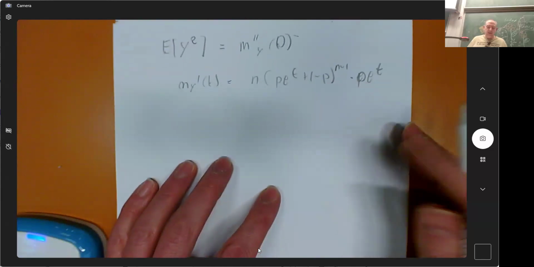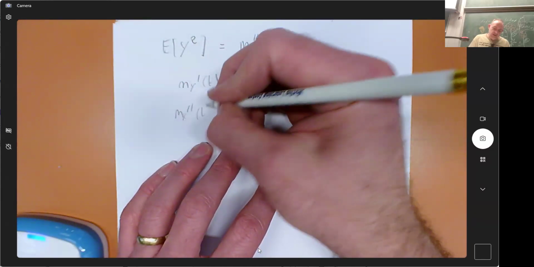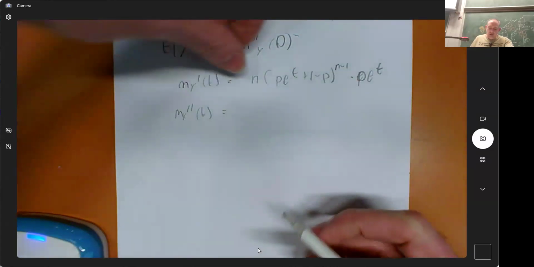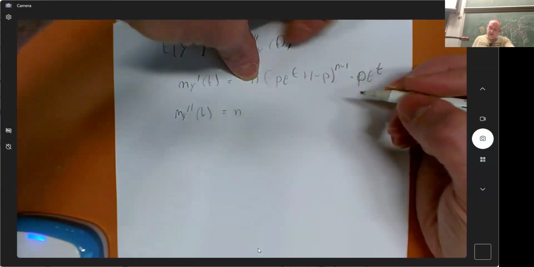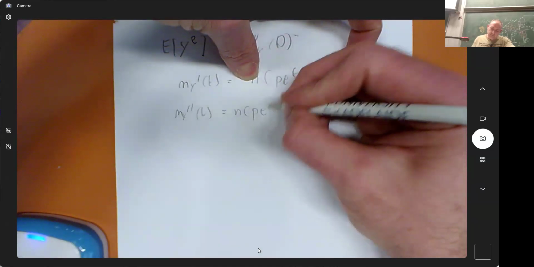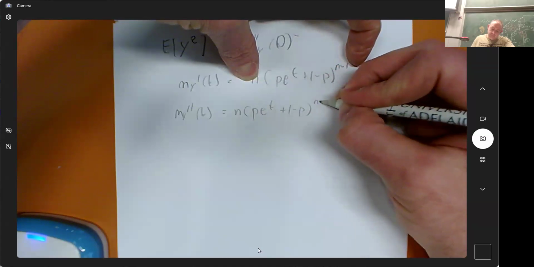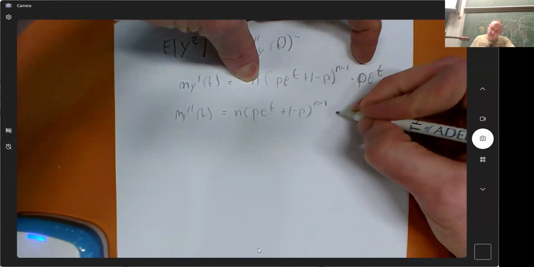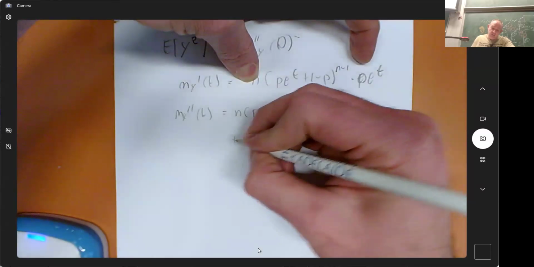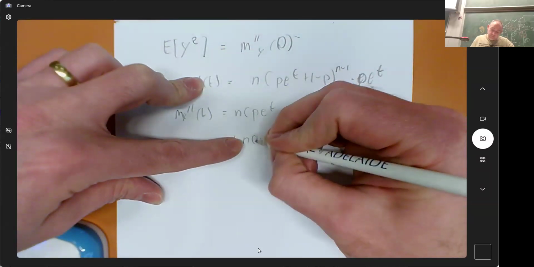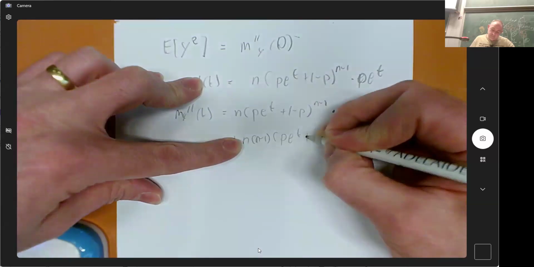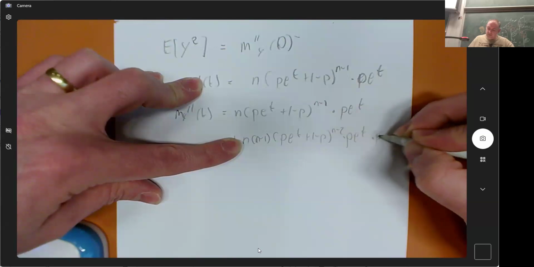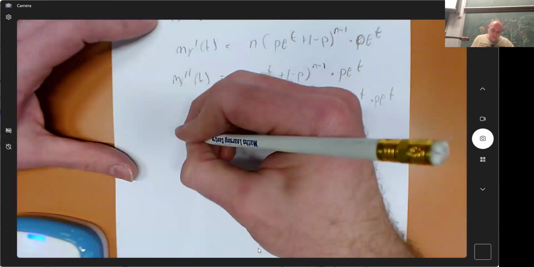And M double dash t is product rule. Okay, the n will still be there, and we'll keep this one, n minus 1. And we'll differentiate this one, which is the same, and then we'll differentiate this one, and keep this one. And then we'll sub in 0.